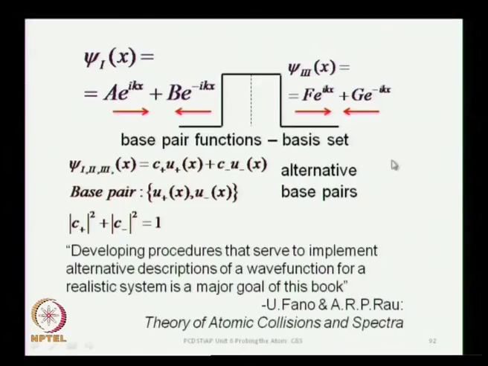So, here they propose an alternative basis set, not just e to the ikx and e to the minus ikx, they can certainly be used mathematically, that is a complete basis, no problem, but you can use any other basis set like u plus and u minus with appropriate coefficients c plus and c minus, and you can see what kind of physics you get by making some alternative choices.